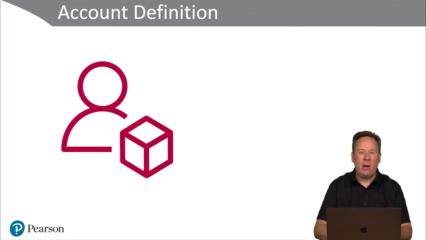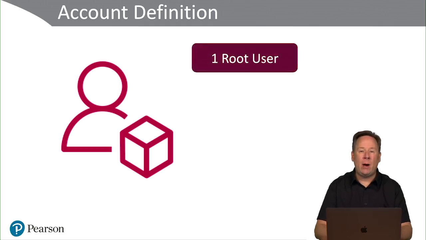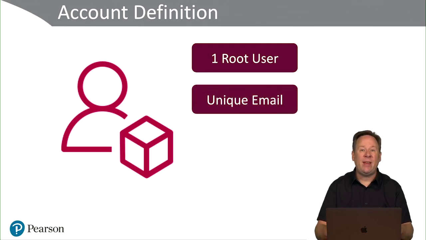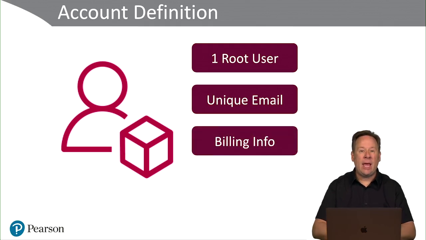Each AWS account is going to require a single root user. And this is going to show up in the form of a unique email address. A root user cannot have the same email address for more than one AWS account. An account also has to have billing information.